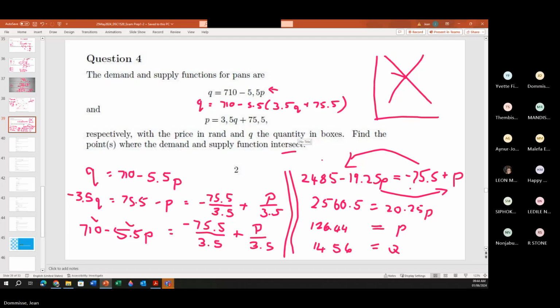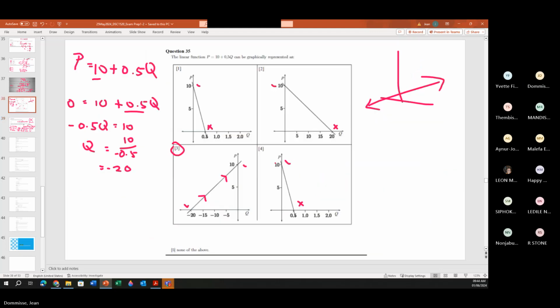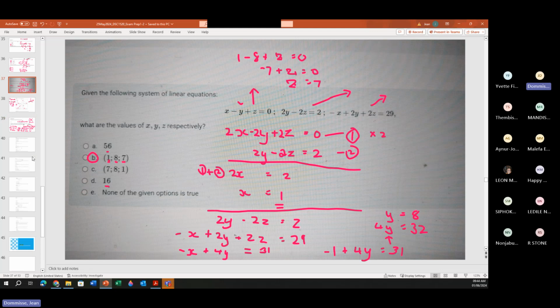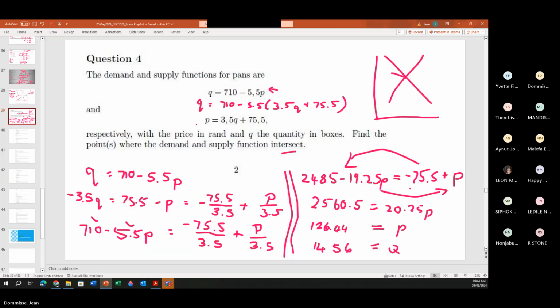It will be interesting to see the guys that used the calculator for the previous one with 3 equations, if you do it for this one with 2, whether you also get this answer or maybe something different. But definitely simultaneous equations can work for it as well.